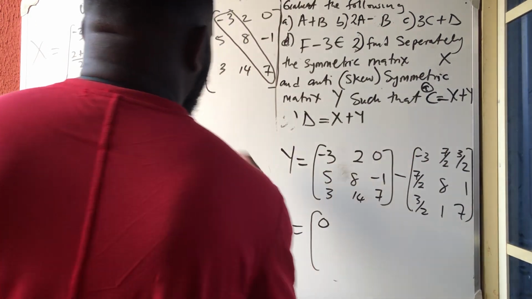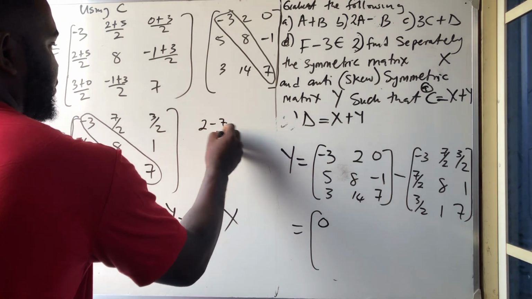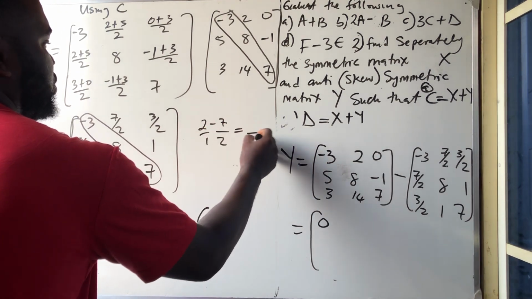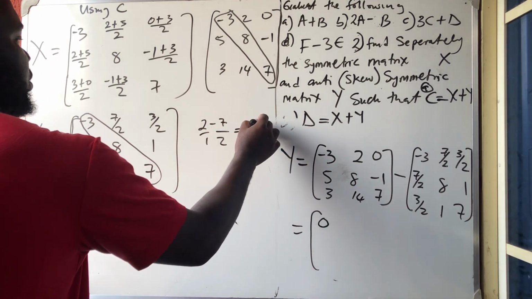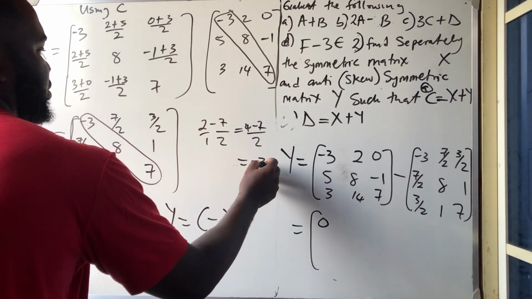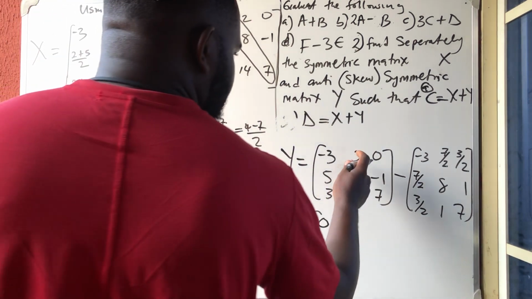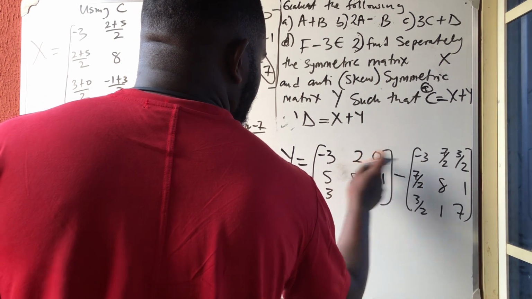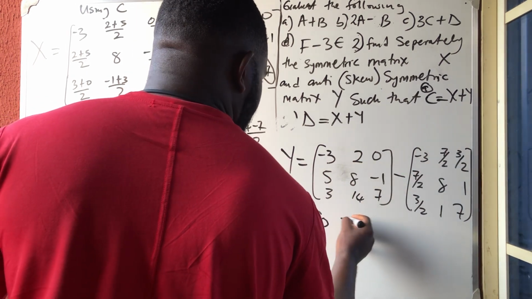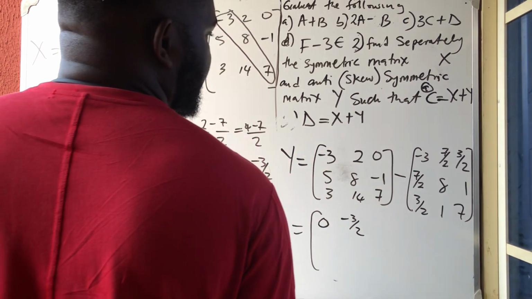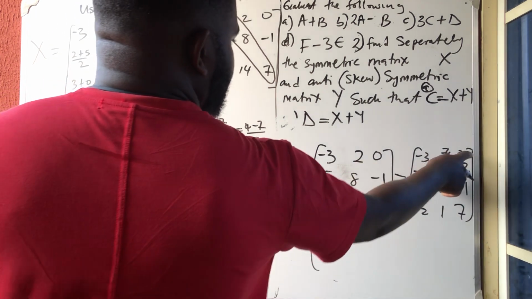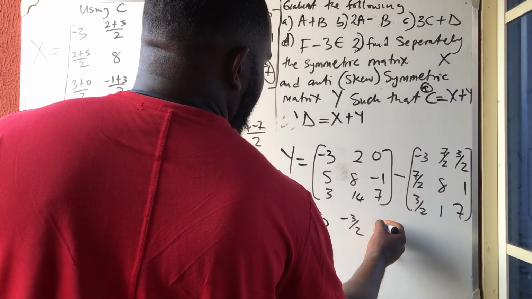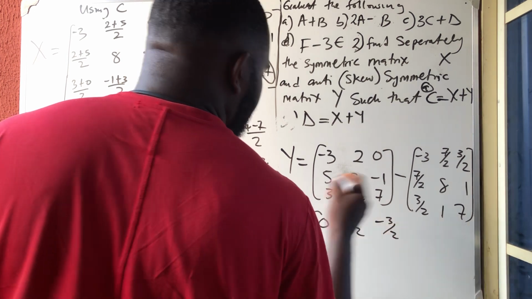0 minus this. 2 minus 7 over 2. The LCM is 2, so you have 4 minus 7, which is minus 3 over 2. 0 minus this will give you minus 3 over 2 again.